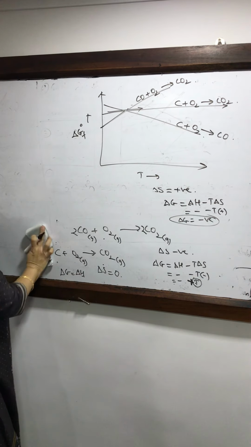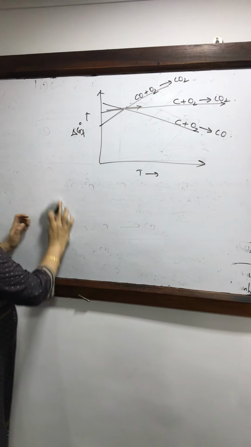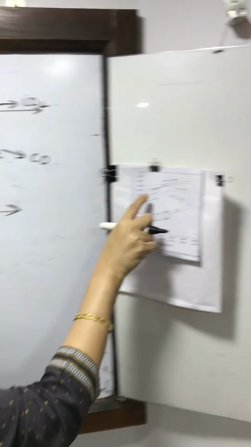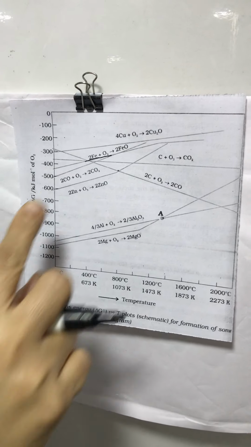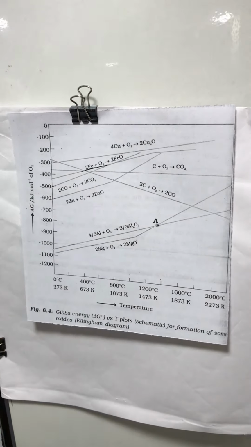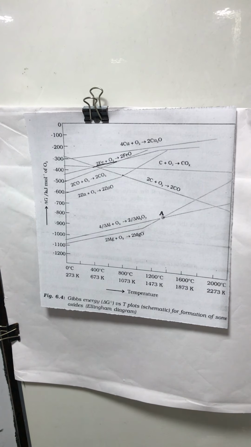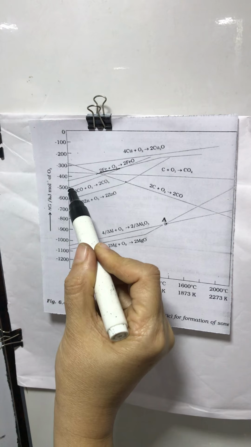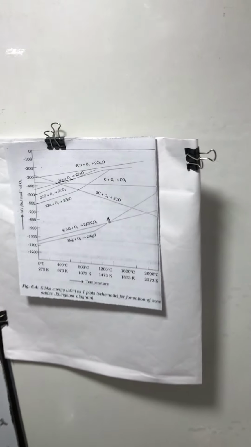Now let us have a look at the graph again. If you look at the graph, then we will look at iron. Then you will see the graph for the formation of iron oxide is cutting the graph for the formation of carbon monoxide. It is cutting this graph for carbon monoxide to dioxide. So I draw that graph again.